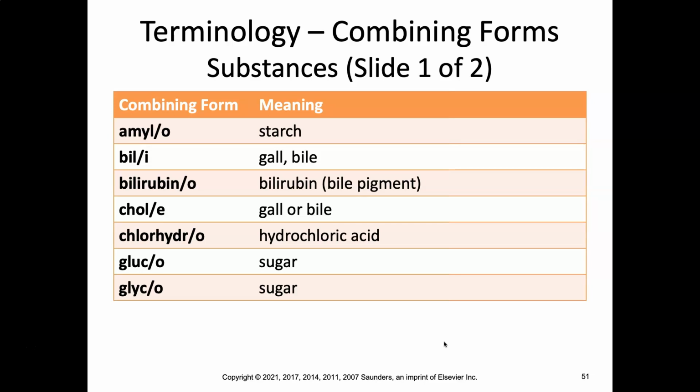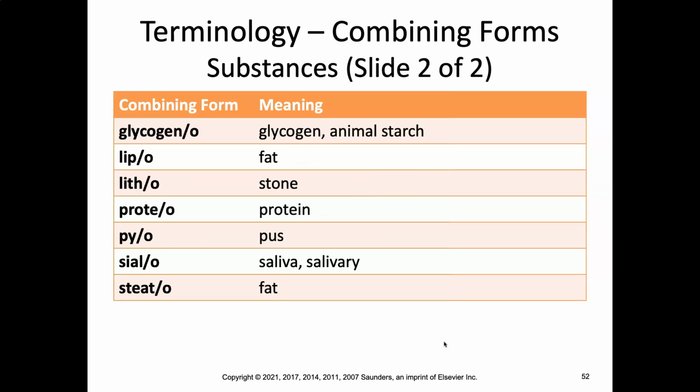Cholechlorohydro. And that's CHL. Watch out for that. Gluco and glyco both mean sugar, but they're spelled a bit differently. Glycogeno, lipo, litho, proteo, pio, cialo, steato.